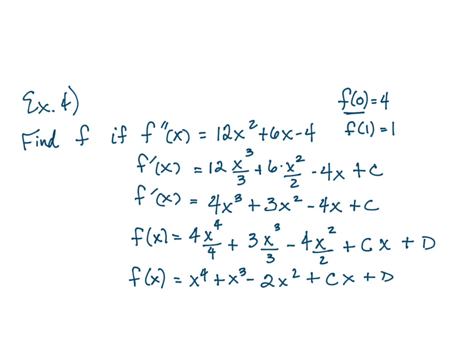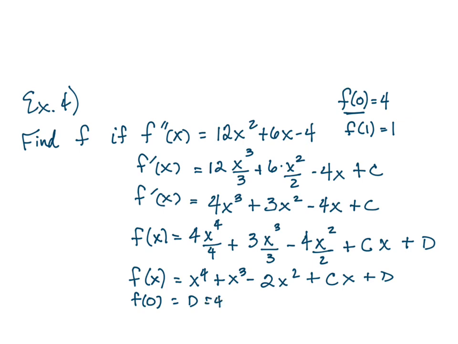You can only plug in one of these at a time, right? I can't put in 2 different values for x at once. So I would plug in the 0 first. When I do that, f of 0, everything here is going to 0 out except d. f of 0 equals d, so what does that mean? d must be 4.